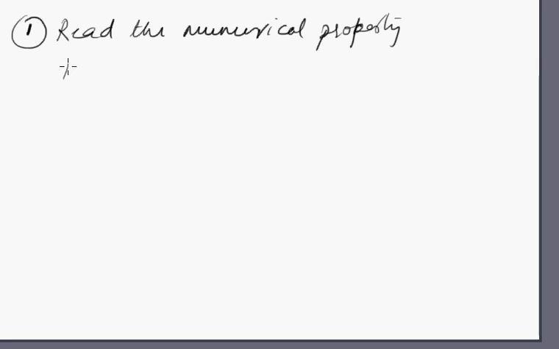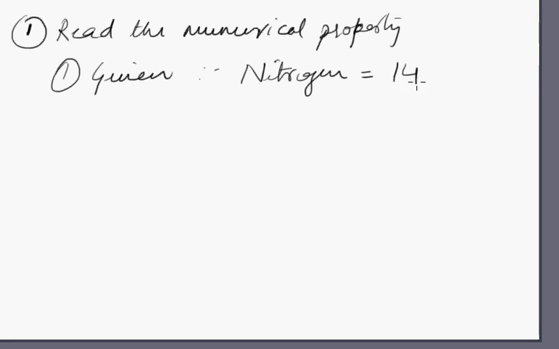First, we should know what the question says, so we should read the numerical properly. First we write the given: nitrogen, having atomic mass 14.